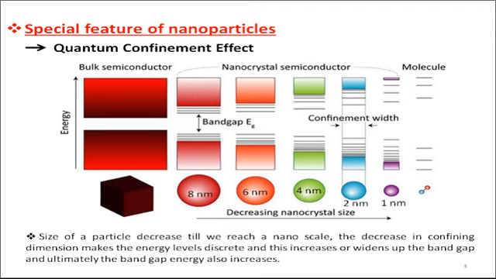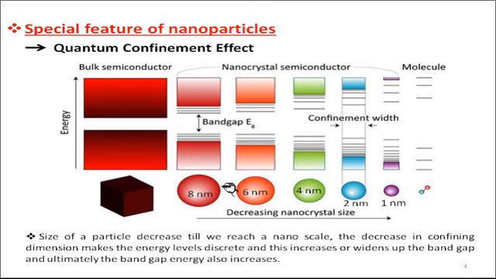As the elimination of these energy levels occurs mostly from the edges of each band, the reduction of particle size increases the band gap. Suppose from this bulk semiconductor particle to, say, an 8 nanometer particle, accordingly the band gap is of course increasing from here to here, right?